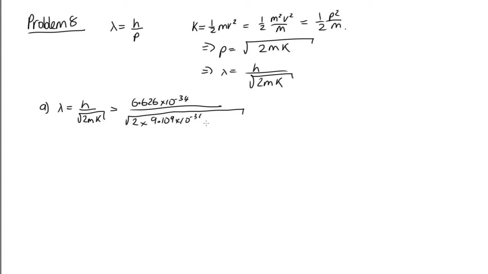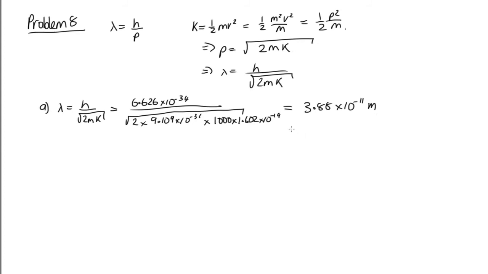And then K, that's the kinetic energy, which is the 1 kiloelectron volt. So that's 1000 electron volts, which is 1000 times 1.602 times 10 to the minus 19 joules. And we can now solve this on the calculator. When we do that, we get 3.88 times 10 to the minus 11 meters.